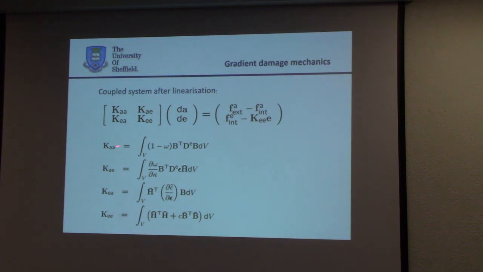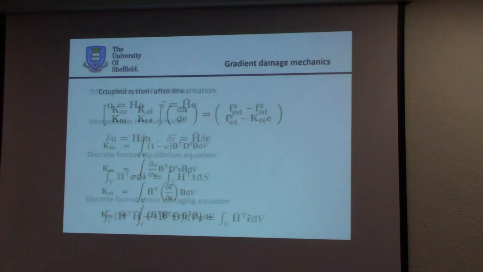Because if you elaborate it, you get here 1 minus omega times your stiffness. But you also get an additional term, the second part of the stiffness matrix, which is the derivative of omega with respect to kappa. So that comes here. And from the second equation you also get different contributions. This one, which comes here, and this one, which comes here.